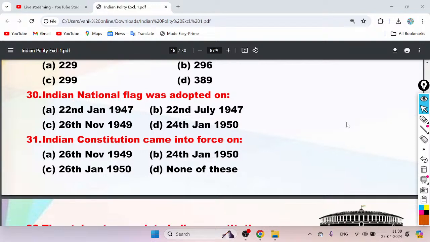The Indian national flag was adopted on 22nd July 1947, a historic day for India. The tricolor flag was introduced.